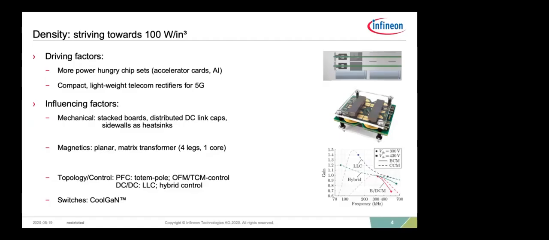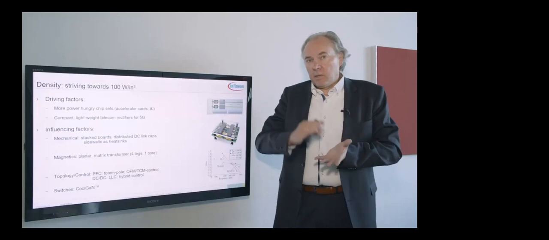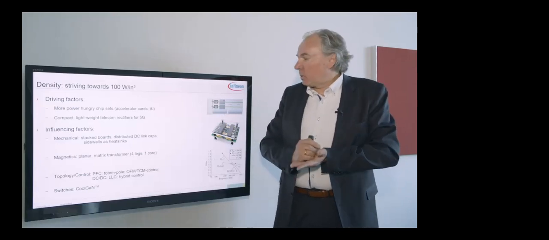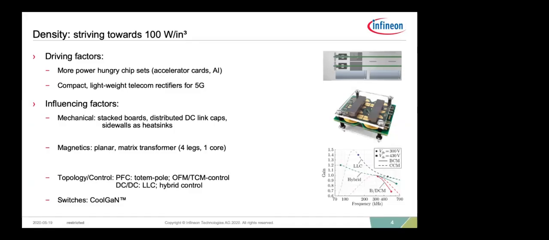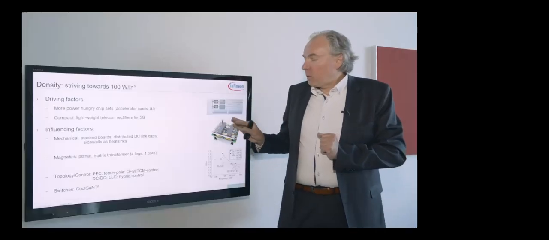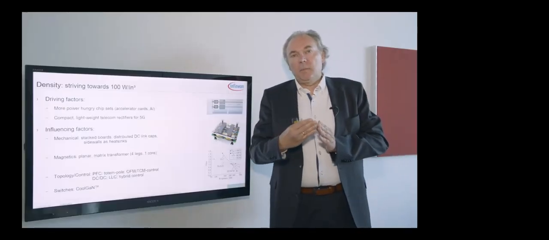If we strive towards 100 watt per cubic inch, we need to stack boards. We need to take a look at where we can hide the DC link capacitors, like in this case, lying them below stacked boards. We're using matrix transformers, planar magnetics, combining all the 4 cores into one magnetic structure, leaving only one path for the magnetic power flow, and basically forcing all the secondary side windings to be equal.